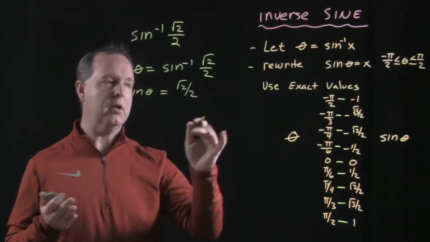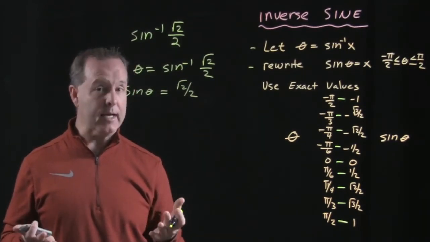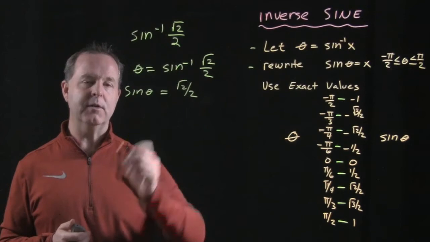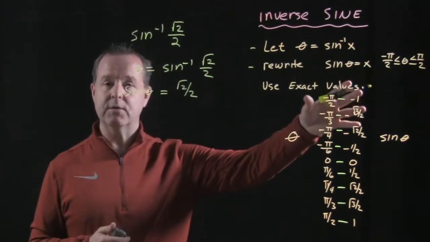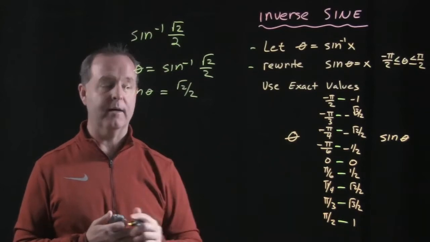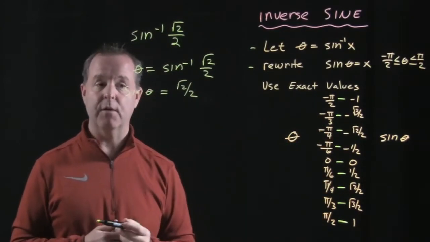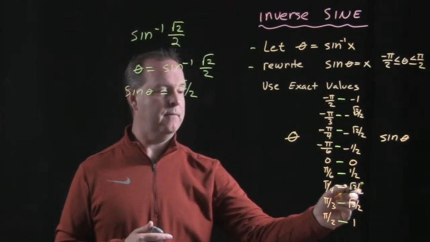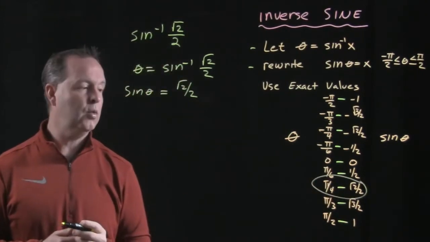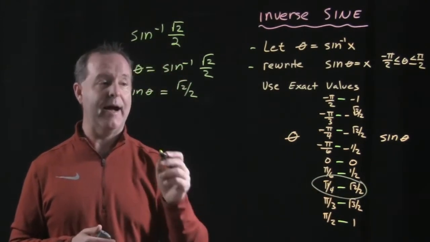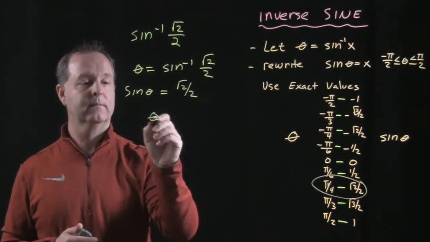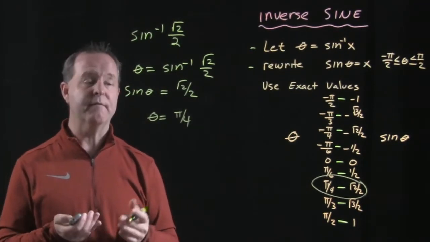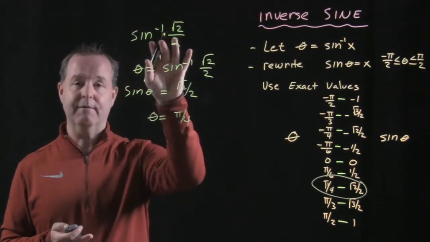And then from there, I'm going to look at my values, which I'm beginning to commit to memory, and try to remember what was the angle that produced a root 2 over 2. I have a table over here where my thetas are on the left, my sine thetas are on the right. So I'm looking at where is root 2 over 2. I remembered that it's right here. Root 2 over 2, the angle that produces that is pi fourths. So my angle is pi fourths. And that's how we find the exact value of an inverse function.